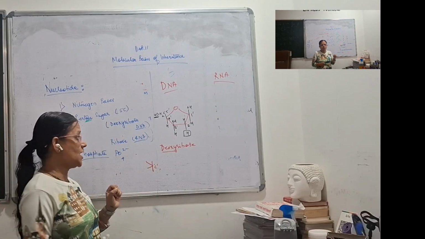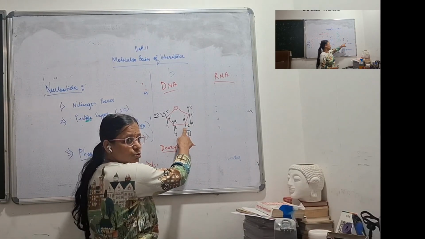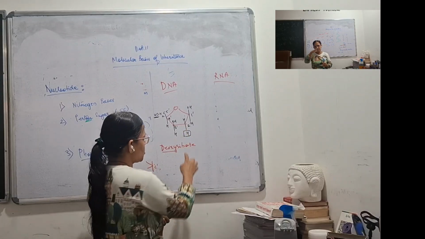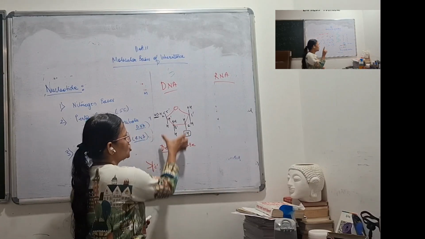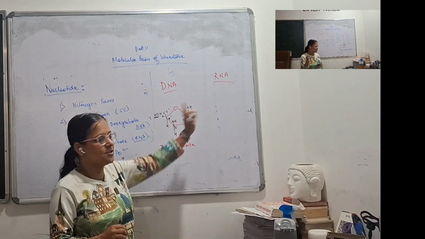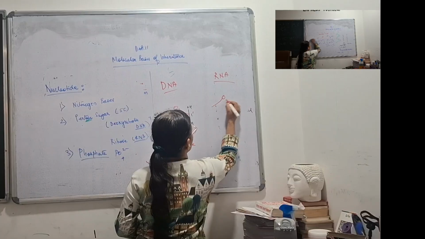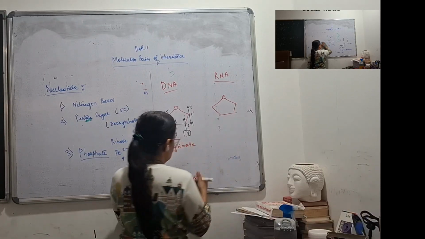So, which oxygen atom is less? The oxygen atom present on carbon number 2. Right? So, here this oxygen atom is less. So, it is called deoxyribose sugar. Rest all valencies remain the same in RNA. So, how will I draw RNA? In the same fashion.